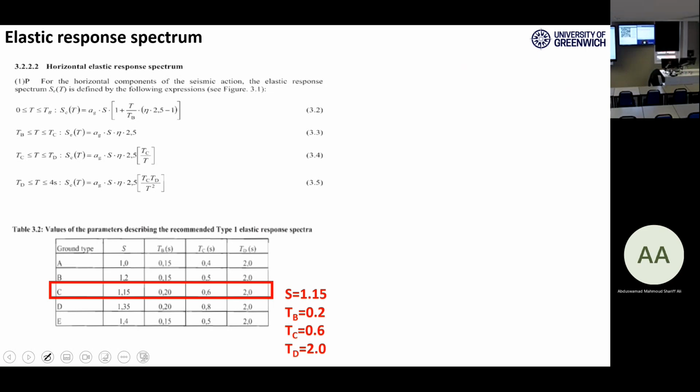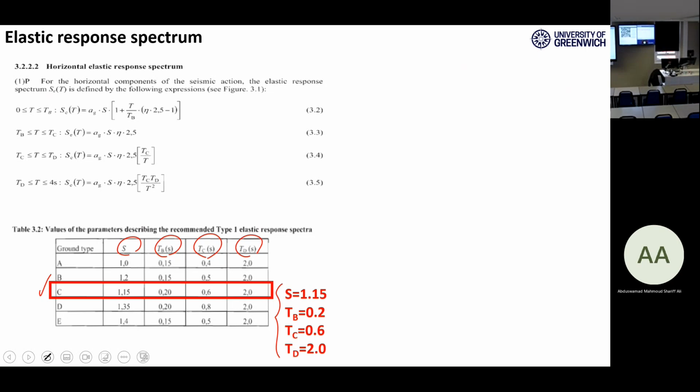You perform a borehole test and grab some data and then figure out what type of soil you have. So A is the best, going to E is getting worse. A is the firmest soil. For this example, I'm assuming C type for the soil. I will get 4 parameters here for my soil type, as listed here.